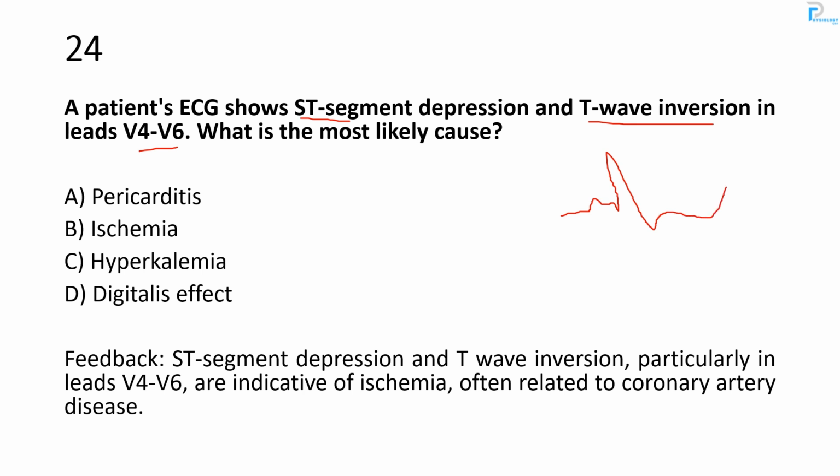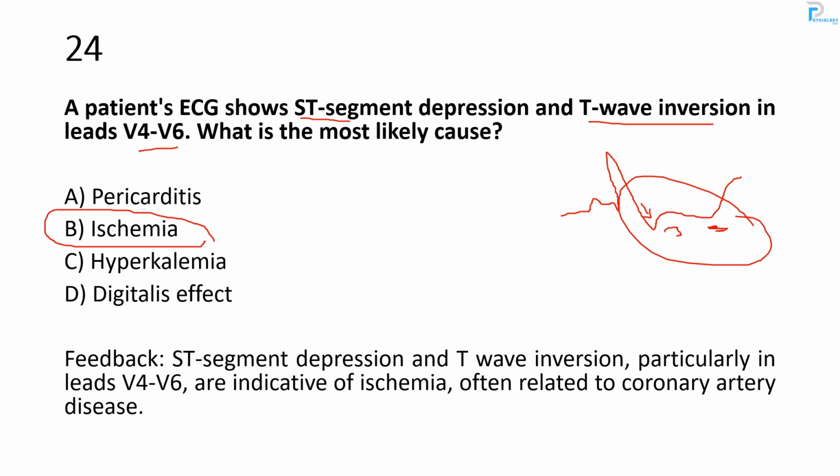You have depression of the ST segment and inversion of the T wave. That is characteristic of ischemia. That feature is characteristic of myocardial ischemia, so the correct answer here is ischemia.